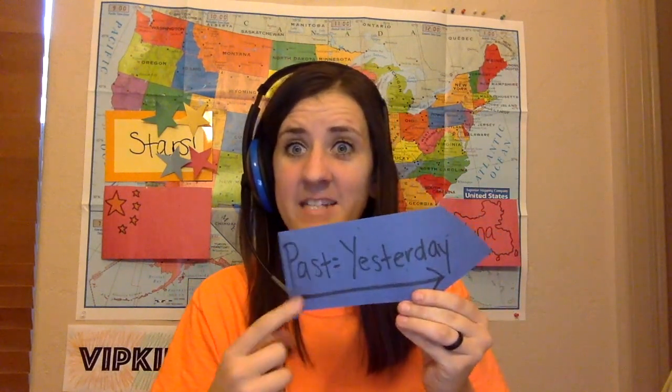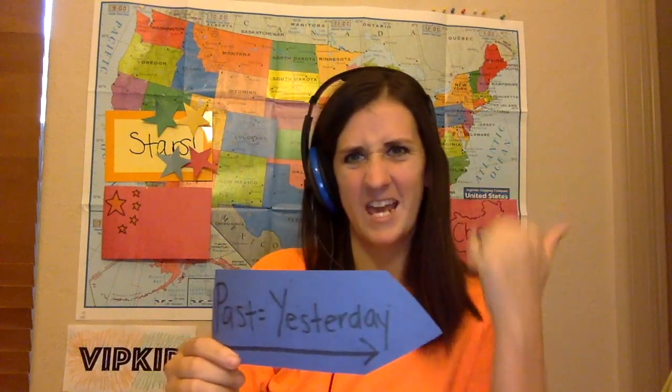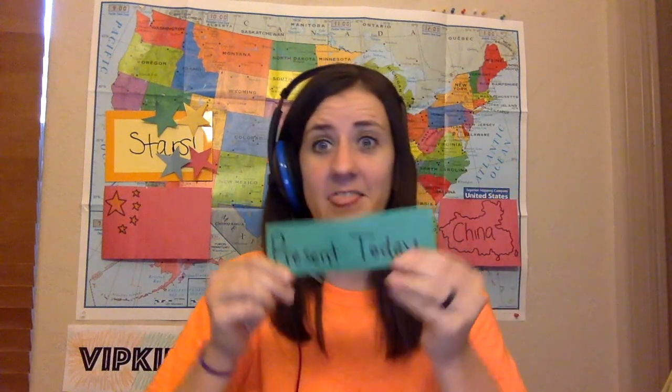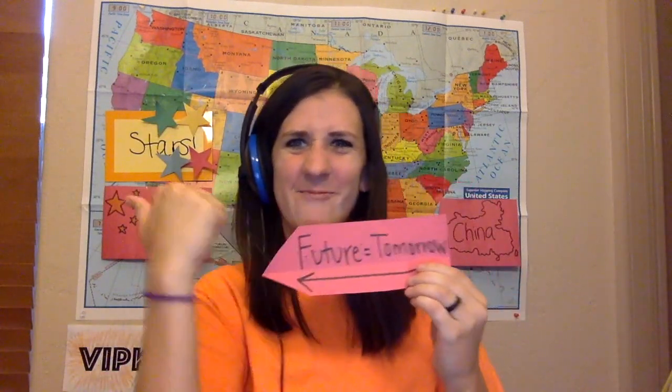Okay, so for when is it, I would review what past, present, and future means, and you can make little diagrams like, remember, the past happened yesterday, and the present is today, and the future is tomorrow, something like that.